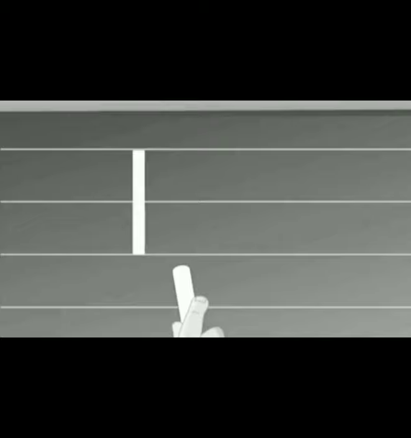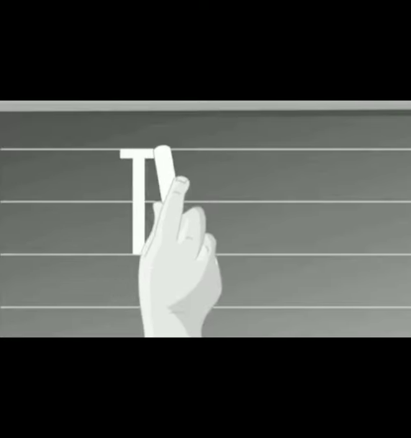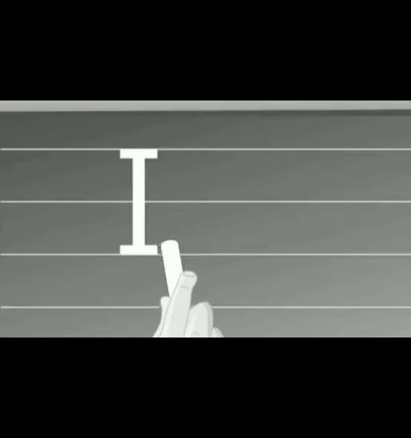You have to draw a standing straight line from top to bottom. Once after drawing, you have to draw a sleeping line at the top and a sleeping line at the bottom. This is how you write the capital I.